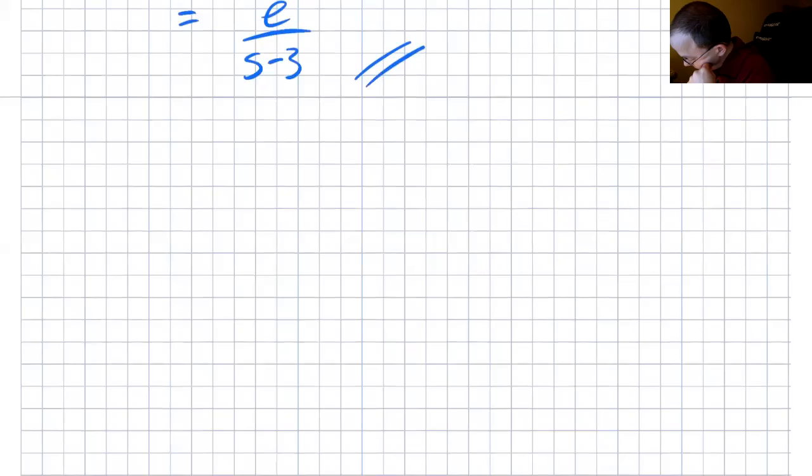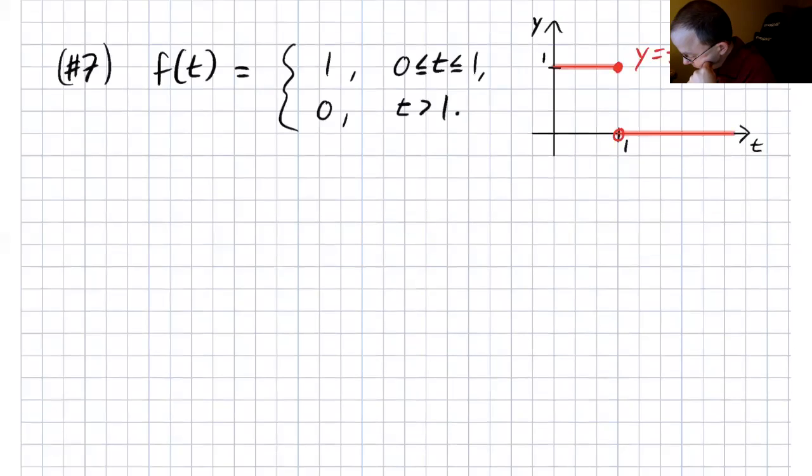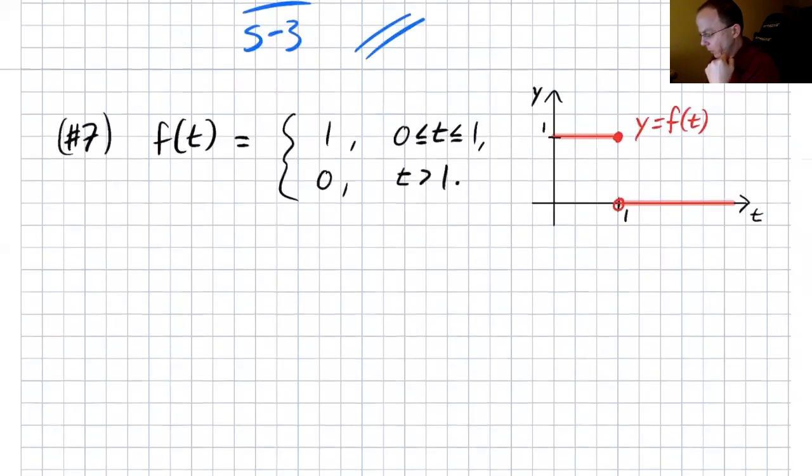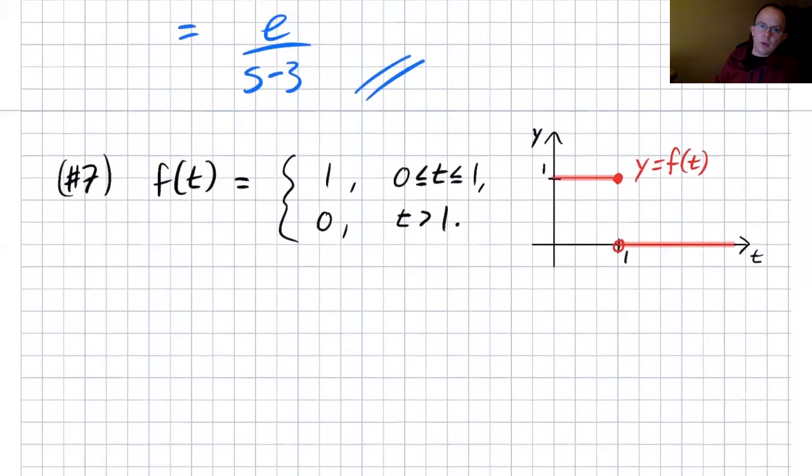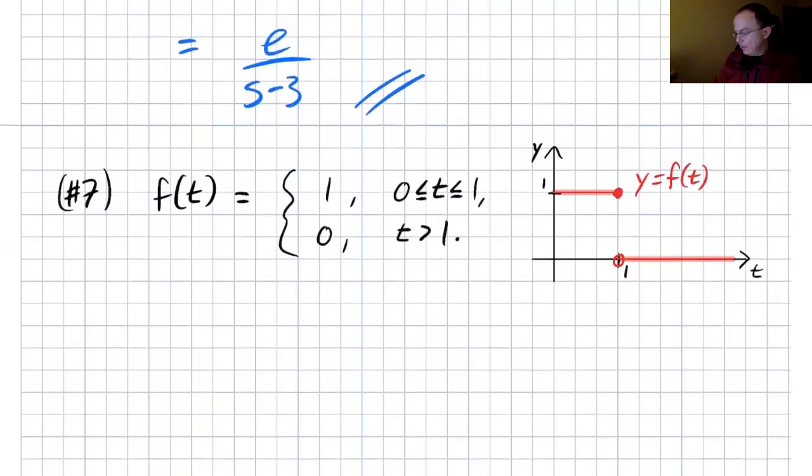Let me see. I can just delete this page. Okay, so one of the great things about Laplace transforms is that we can use them on functions that are not continuous, that have some sort of a jump discontinuity like this. And this is especially important because there are certain applications where you want to solve a differential equation that involves a function with a jump discontinuity like this.